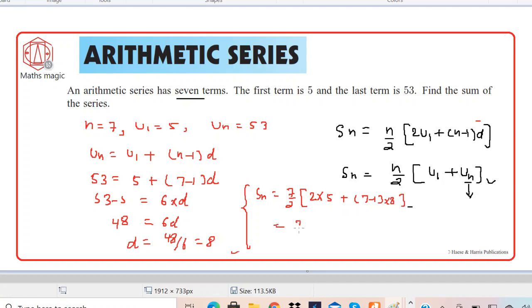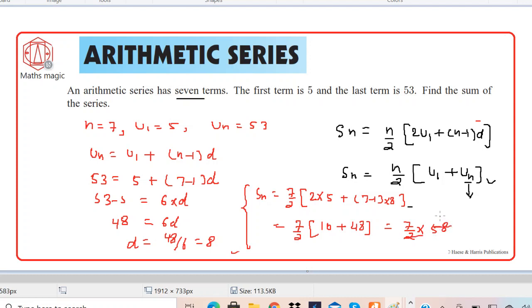Simplify this. 7 upon 2, then 2 times 5 is 10, and then 7 minus 1 is 6. 6 times 8 is 48, and then 48 plus 10 is 58.